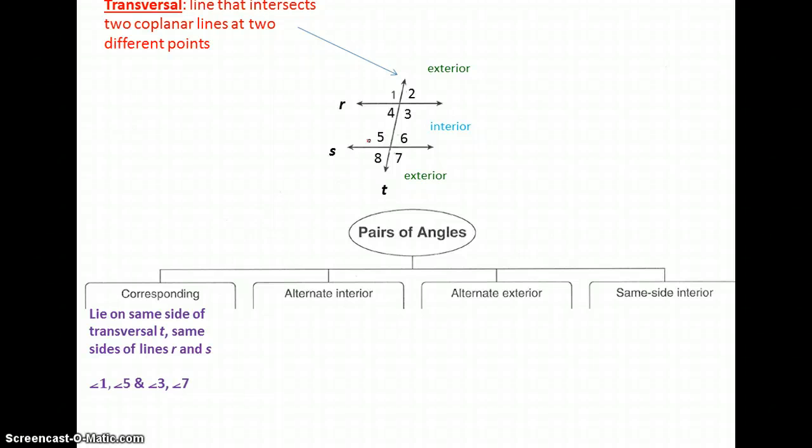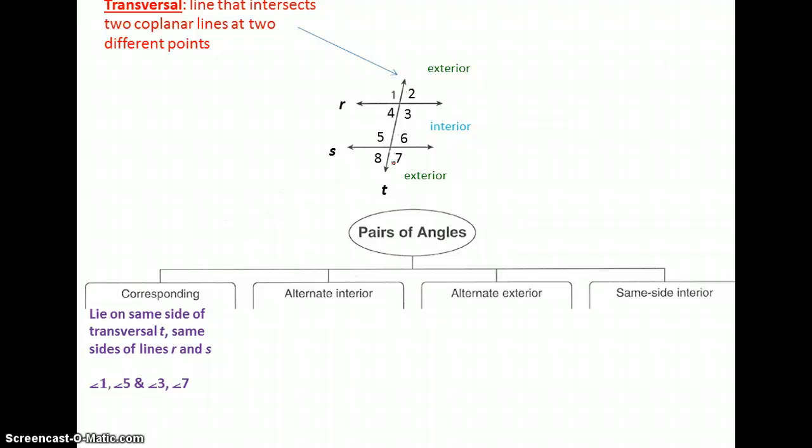Another corresponding angle pair would be angle 3 and angle 7. Again, same side of transversal, same side of lines R and S. There are other corresponding angle pairs in this diagram, angle 4 and angle 8, as well as angle 2 and angle 6.